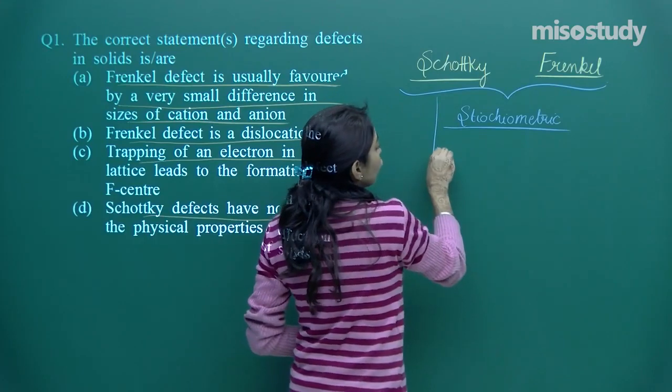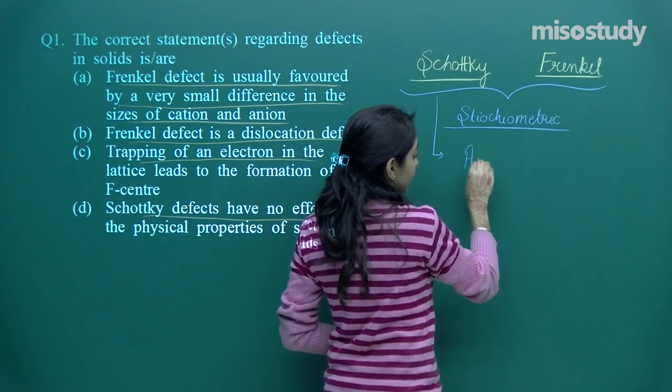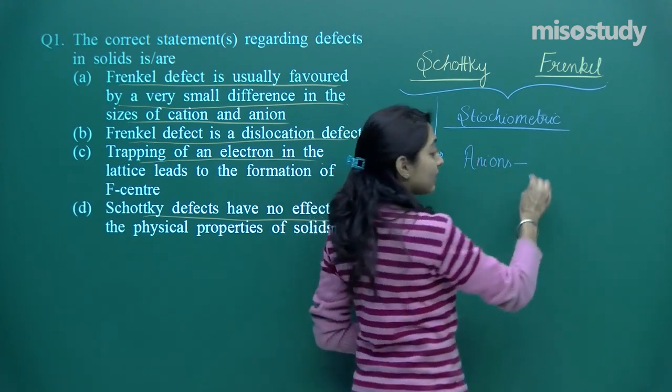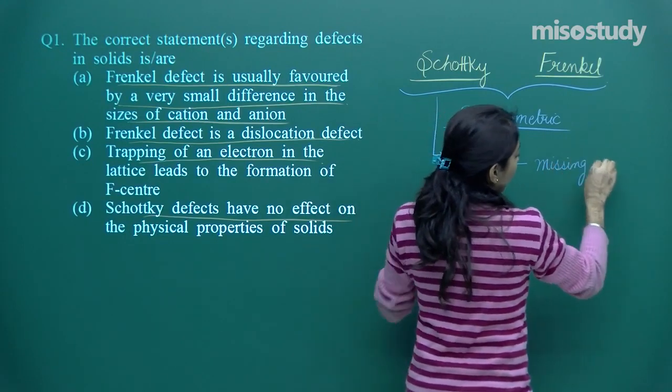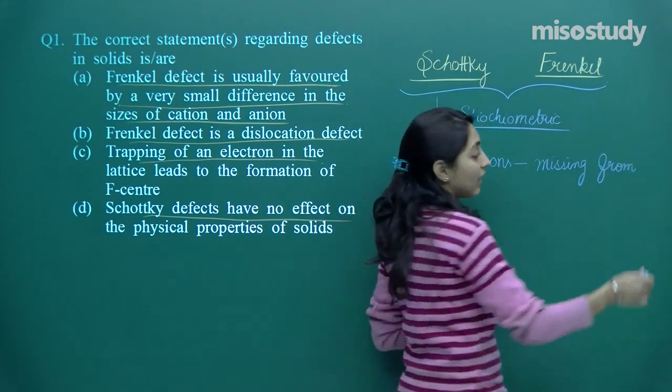In the case of Schottky defects, what happens is, we simply say that the anions are missing from their lattice site. They are missing from their main lattice site.